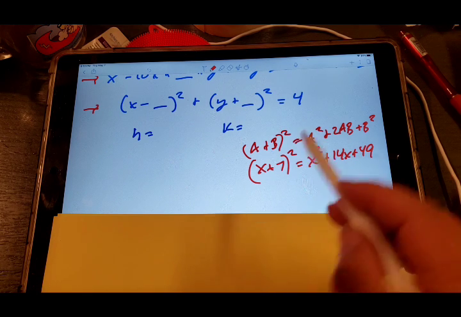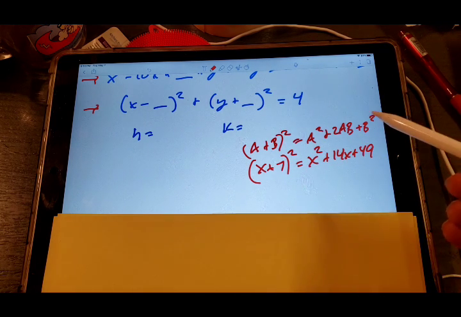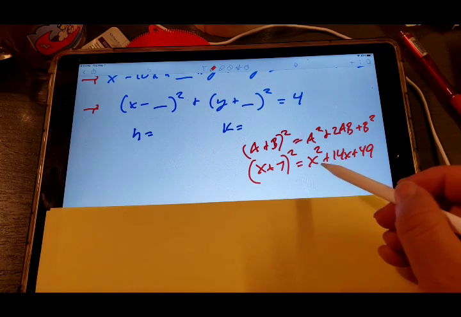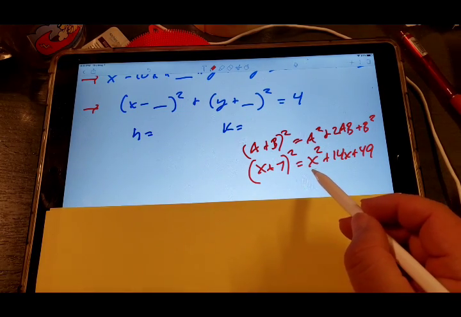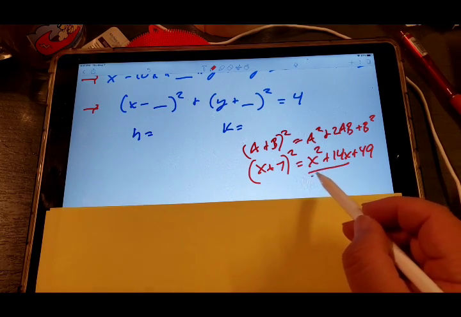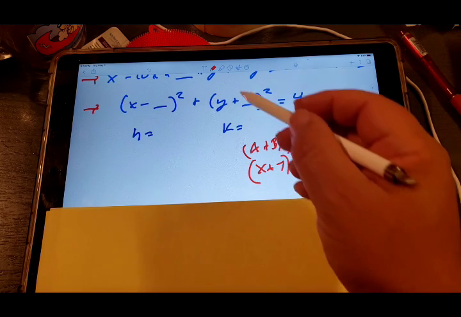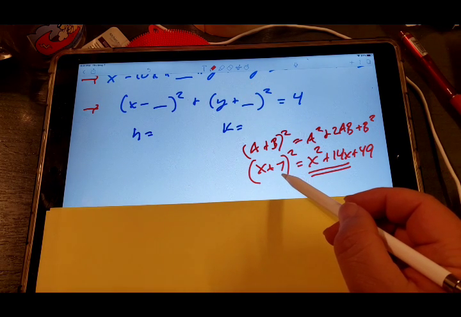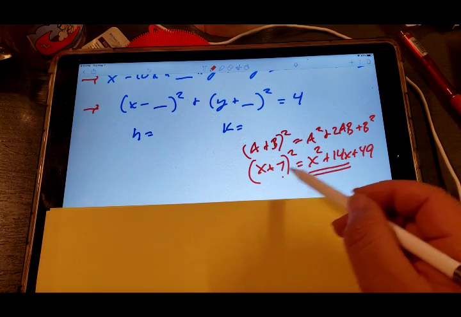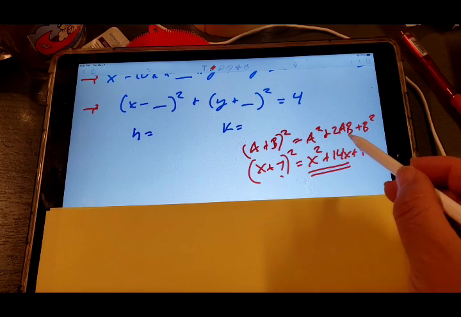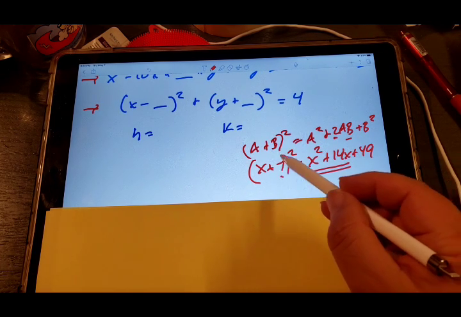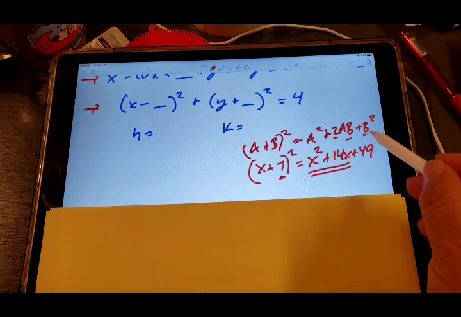So here's the trick. In this type of problem, we're given just these first two terms. You're used to having a 7 and saying this is 2 times the 7, and this is 7 squared. In other words, you have the 2b if b is 7, and b squared is 49.